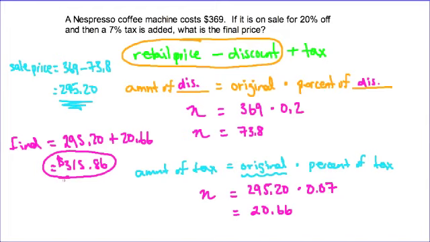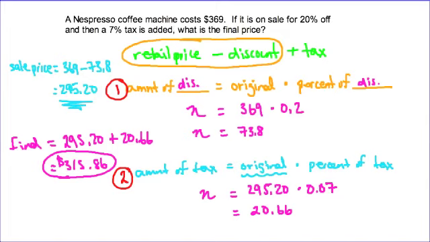The key thing to remember when doing these types of problems that involve discounts and taxes is you really need to find the discount and the tax separately. These are two different steps. A very common mistake that people make is they just add the two numbers together and say, oh, a 20% discount and a 7% tax is the same as a 13% discount, and that's not true.